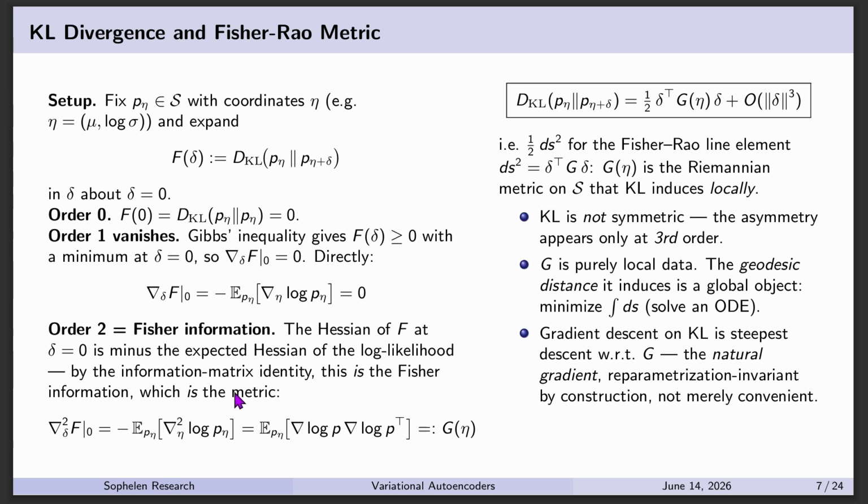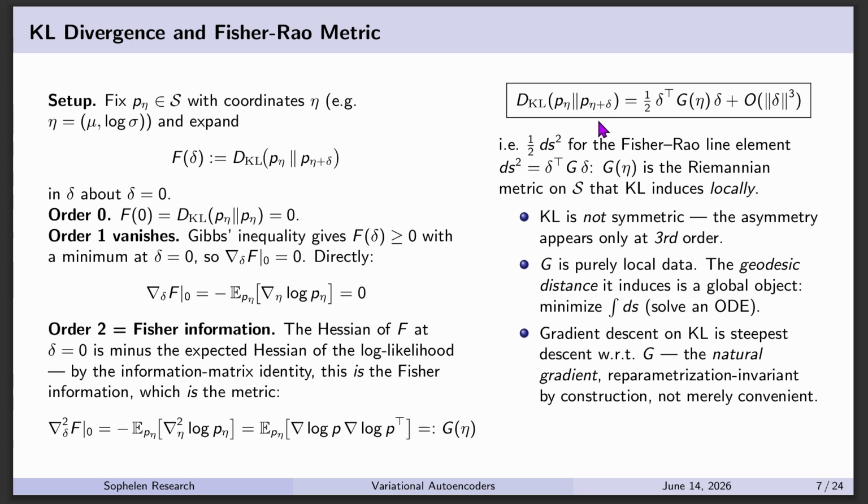And of course, you can do some other algebraic manipulation to show that it's equal to 0. Now, the second order turned out to equal something called the Fisher information, and it's our metric tensor. It provides the Riemannian metric that we need for our statistical manifold. So if you do a Taylor expansion from this information, then we get this, right?